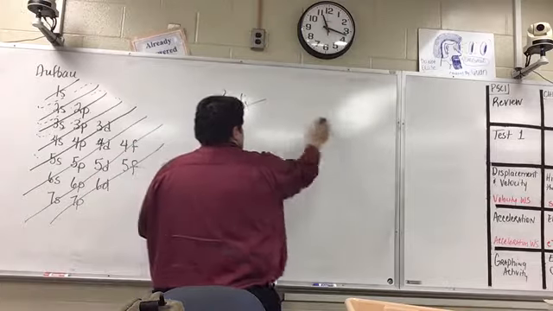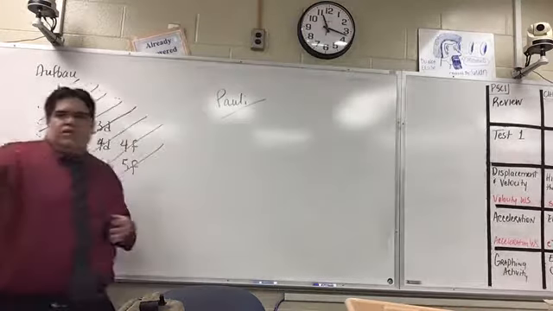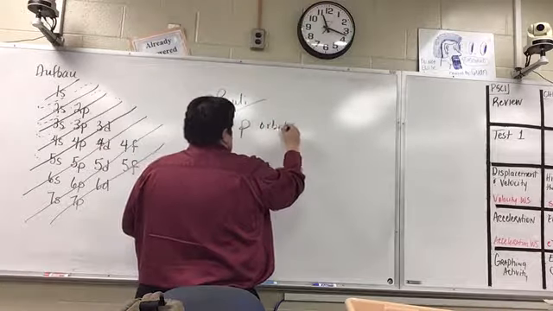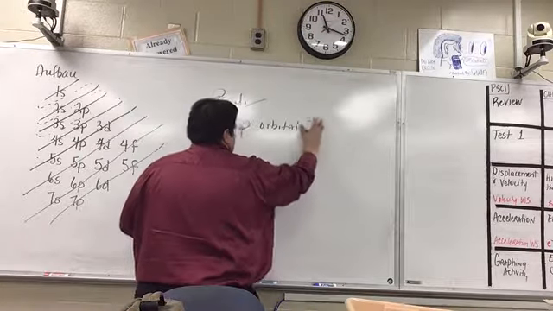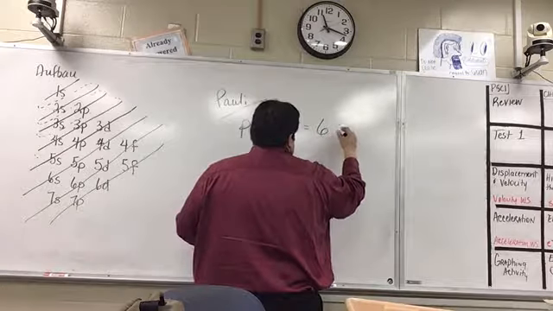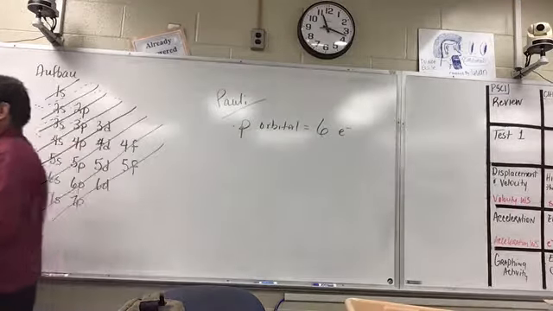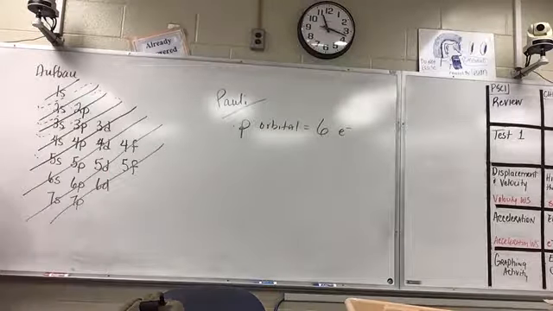So let's take a look at the p orbital, right? The p orbital can hold how many? 6. Okay? It can hold 6 electrons, right? But what the Pauli exclusion principle says is this.